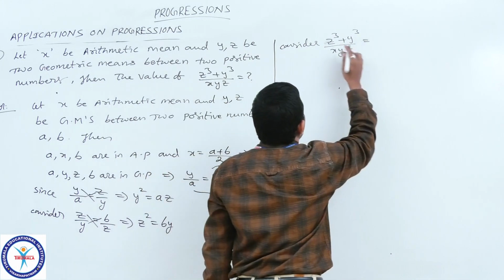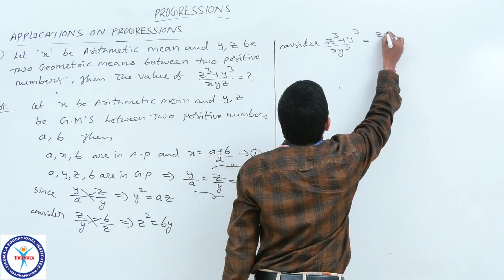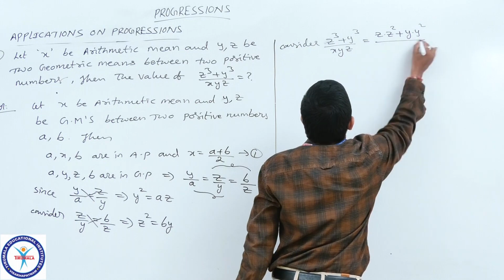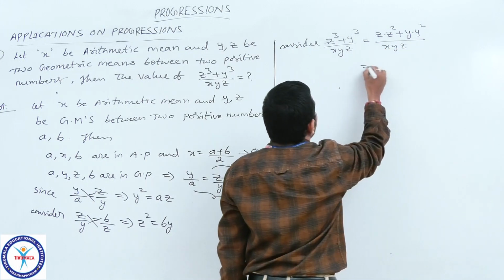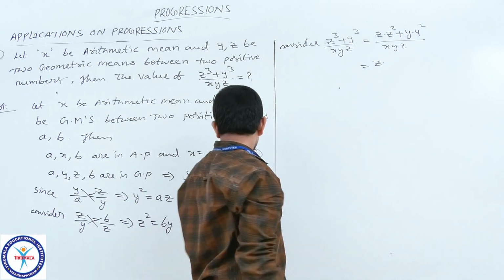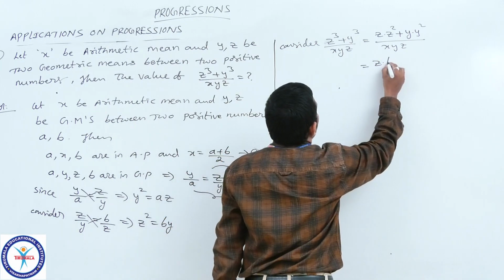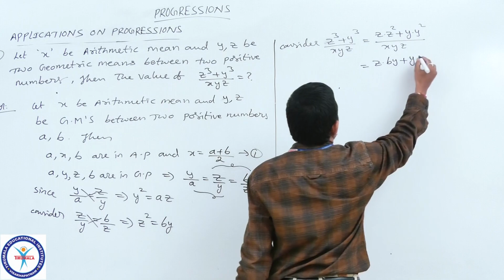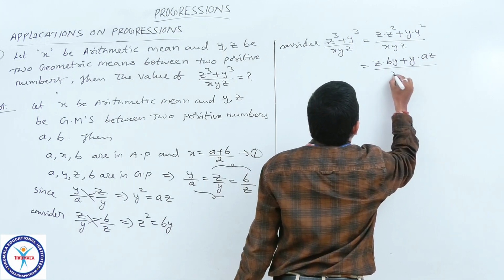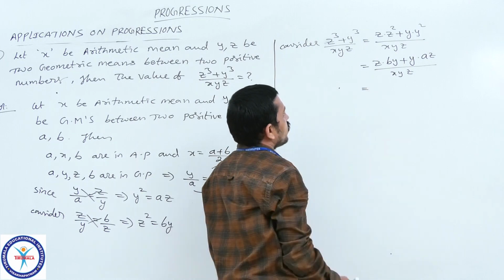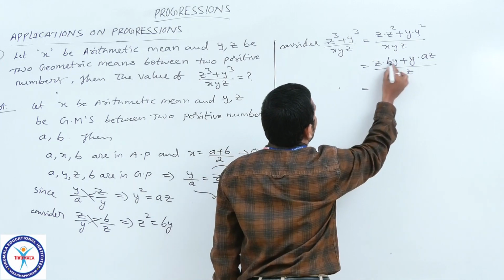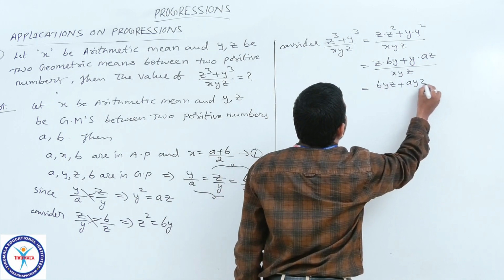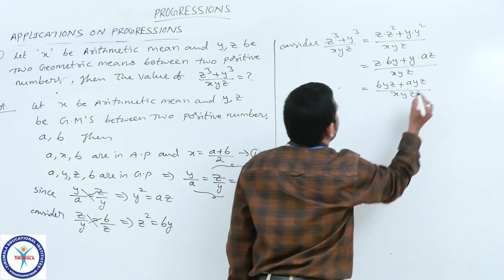This is equal to, can we write z cube is equal to z into z square, and y cube can be written as y into y square, by xyz, which is equal to z into, what is z square? b into yz, by xyz, plus y into, what is y square? a into yz, by xyz. This is equal to b into yz plus a into yz by xyz.